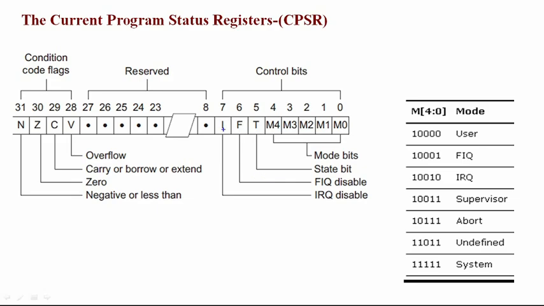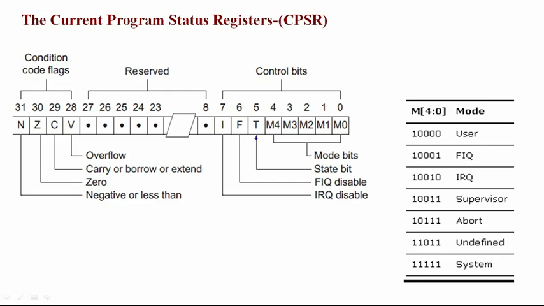Similarly, if you want to enable a normal interrupt with moderate priority, you go with bit number 7. So bit number 5 is for thumb, bit number 6 is for FIQ with higher priority, and bit number 7 is for interrupt with normal priority.